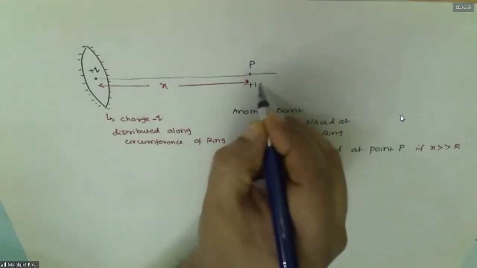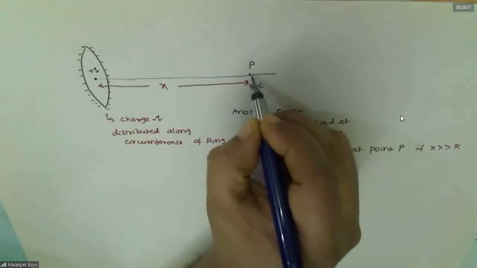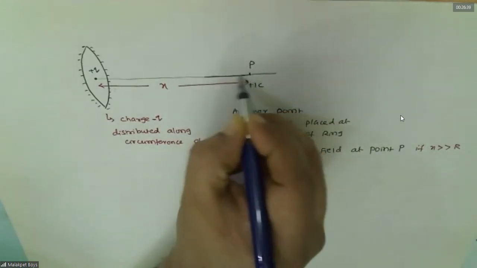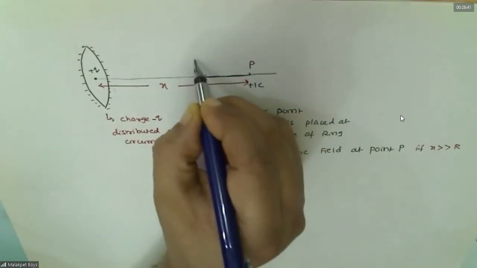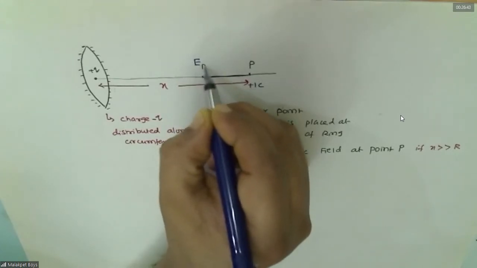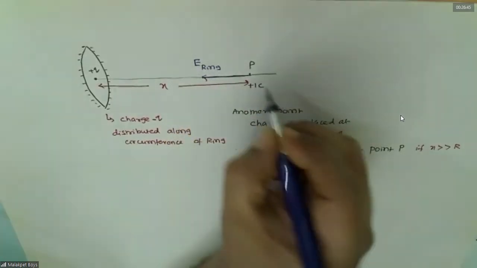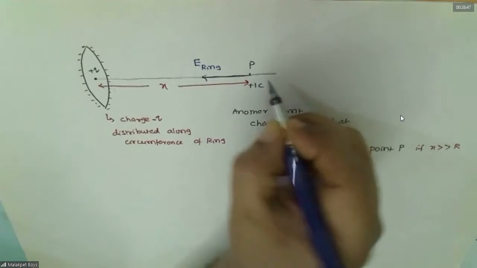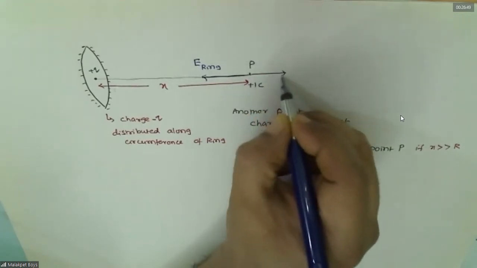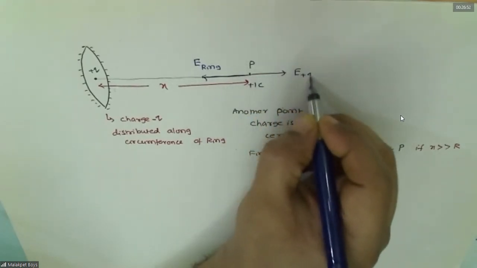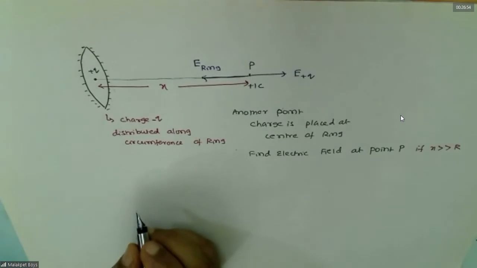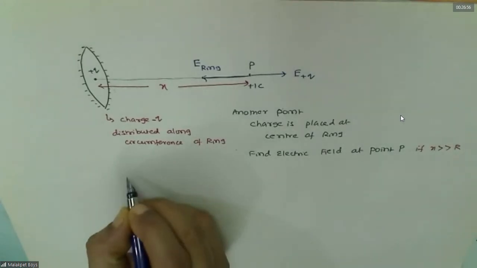Place a +1 charge here. Now due to the ring, it will be attracted, no? Negative charge, no? E due to the ring, and this is E due to plus Q. Followed? Agreed, sir.